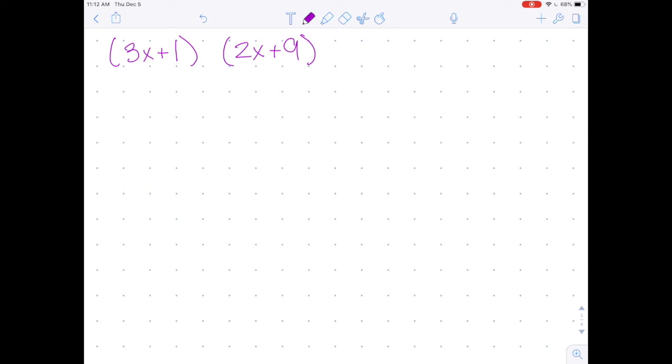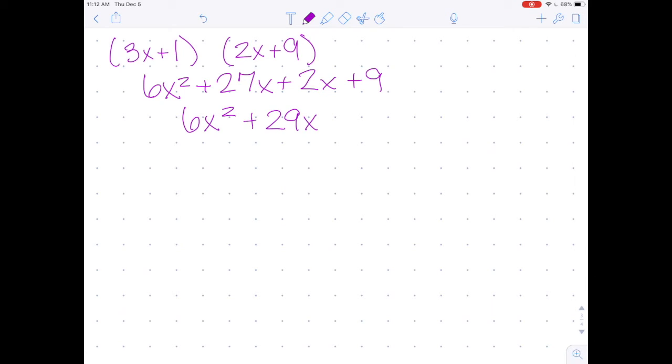So you can write 3x plus 1 times 2x plus 9, or you can multiply it out, so it's 6x squared plus 27x plus 2x plus 9. So this is 6x squared plus 29x plus 9.